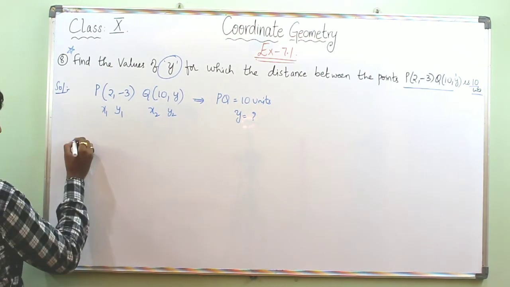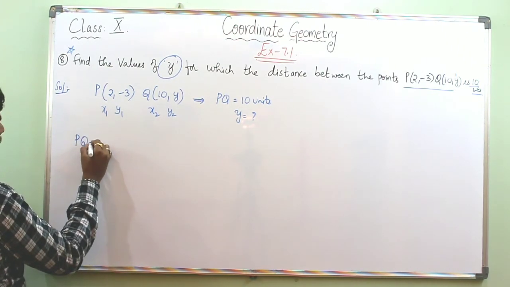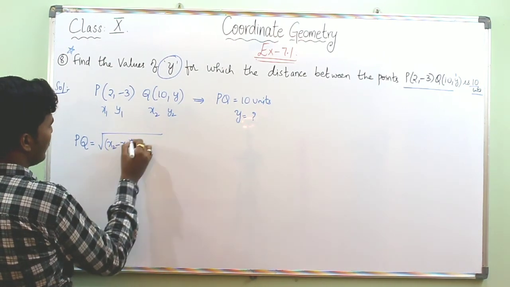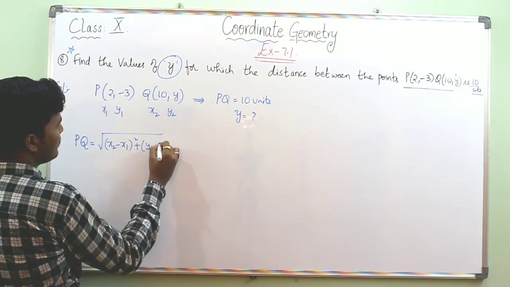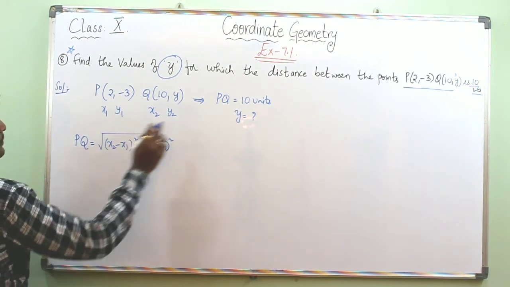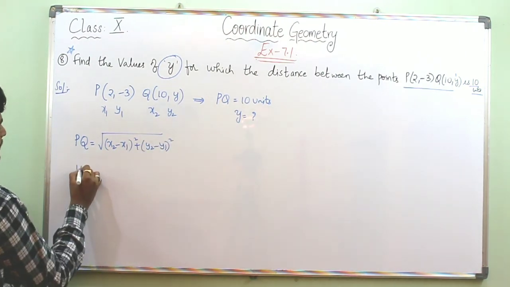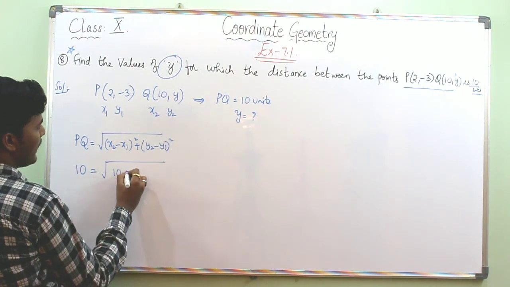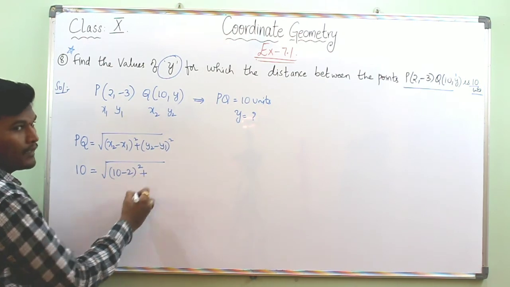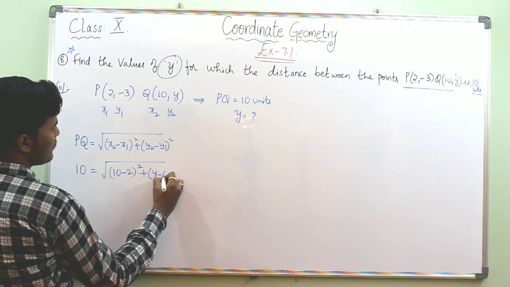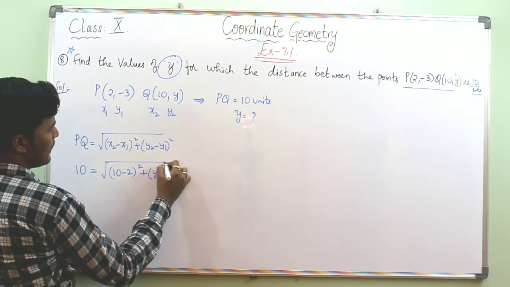Now the distance between the points is given by PQ is equal to square root of (x2 minus x1) whole square plus (y2 minus y1) whole square. This PQ is already given as 10. So let us write PQ is equal to 10 is equal to square root of (10 minus 2) whole square plus (y minus of minus 3) whole square.